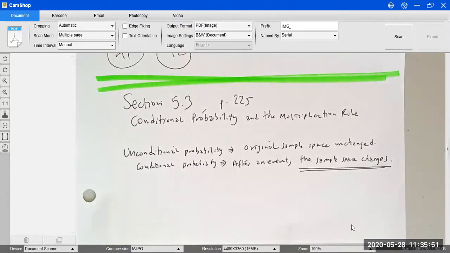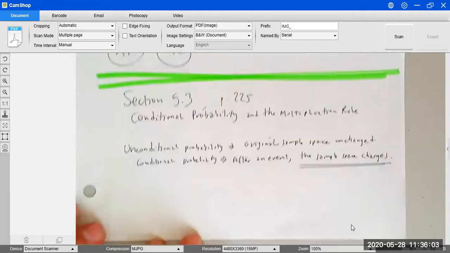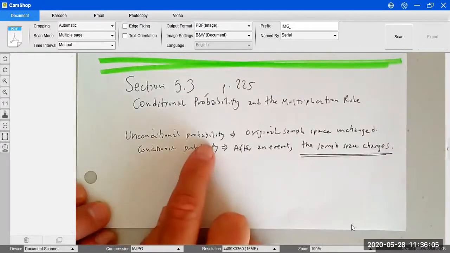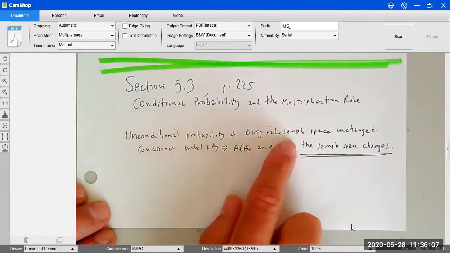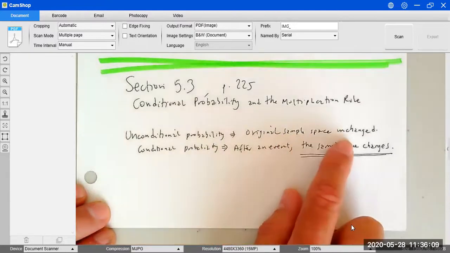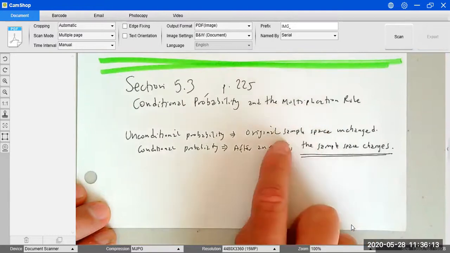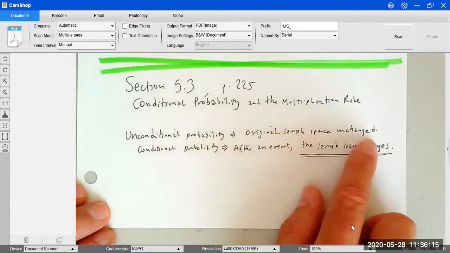So in a few words, what is this thing about conditional probability? I'm just writing the idea about conditional probability. This is what happens when you are working on conditional probability. The original sample space is unchanged.